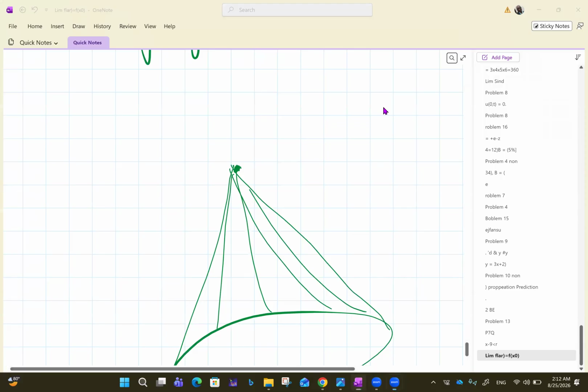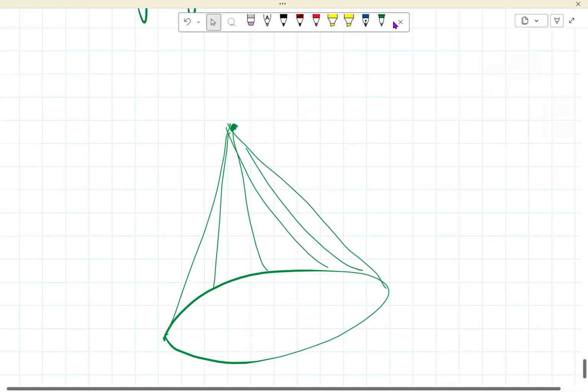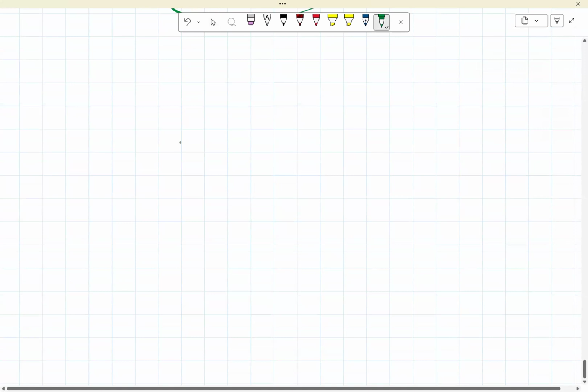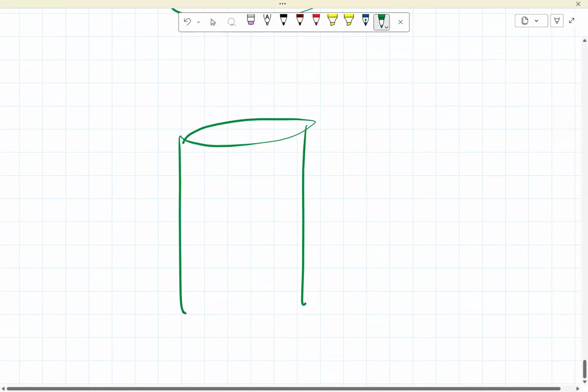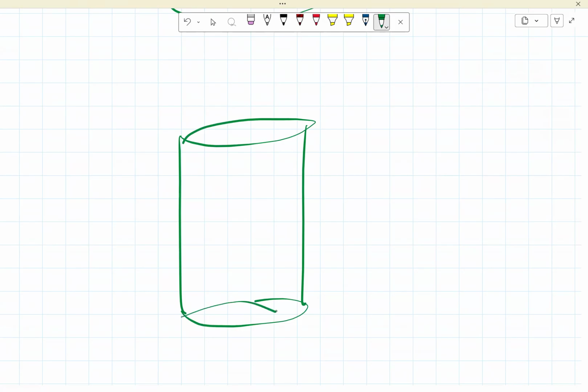In fact, one way I teach the cone when I'm teaching conic sections is that a cone is like one third of a cylinder. You have a cylinder this way, and then imagine you have a point here. Try to connect this line with this, and this with that.